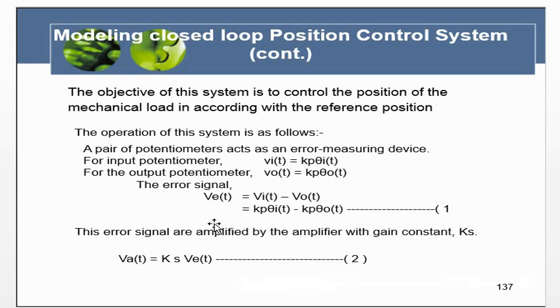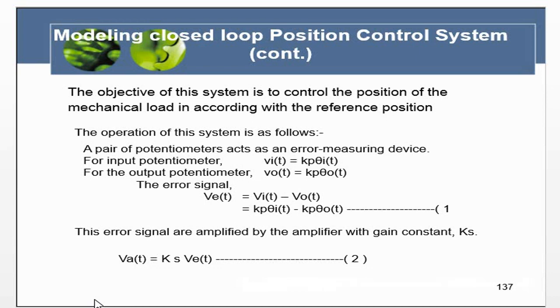Okay, the error signal is P_IT minus P_OT, or if we substitute its values, we get that P_ET is equal to K_P theta_IT minus K_P theta_OT. This we call equation 1.